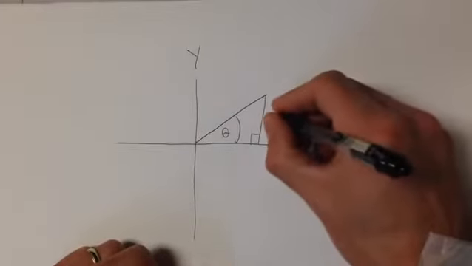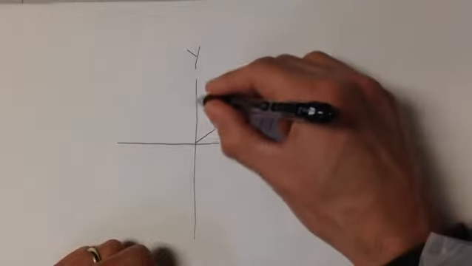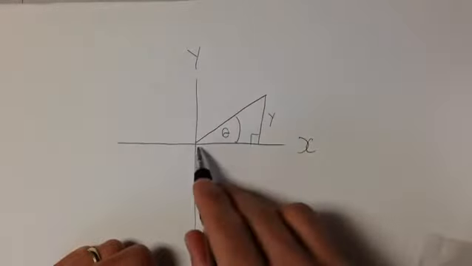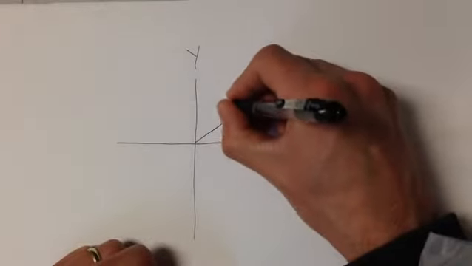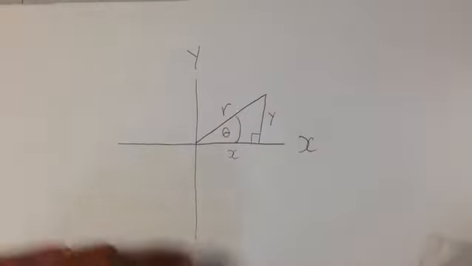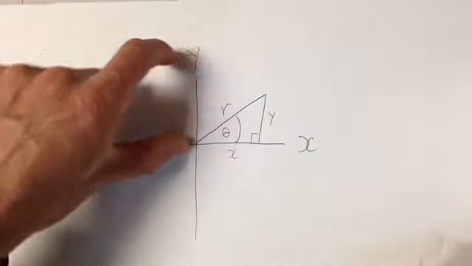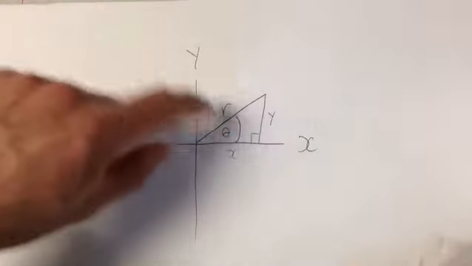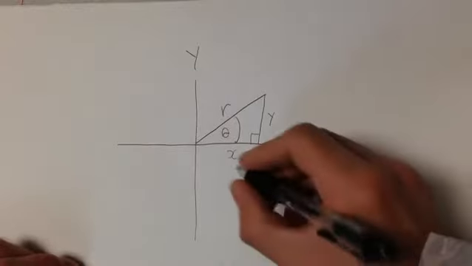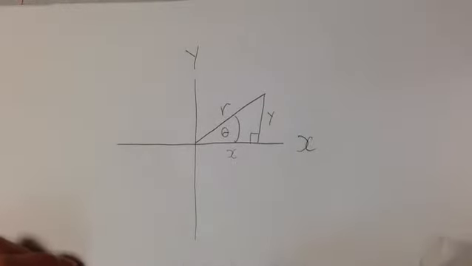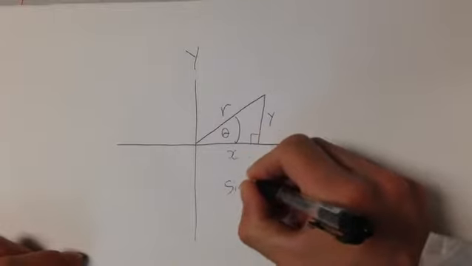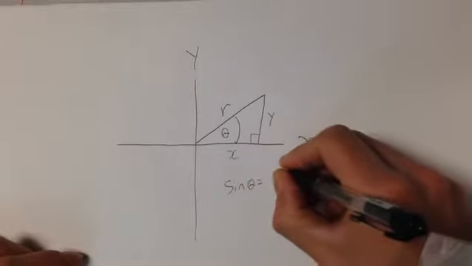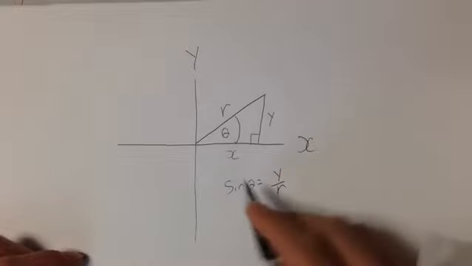We're going to call this the y value because it represents the height, and we call this the x value. We typically call this r, which stands for radius, because as you rotate this, it forms a circle where r is the radius. We can now redefine our trig ratios. The sine of theta is equal to y over r.